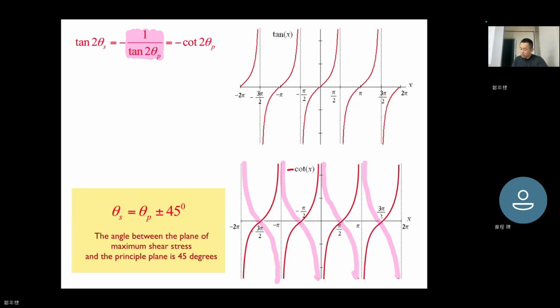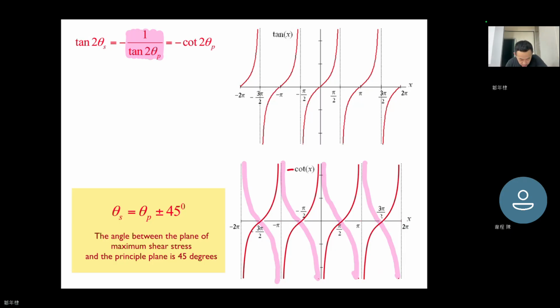Okay, so this is tangent 2 theta s equal to minus cotangent 2 theta p, and then you can obtain this red line.